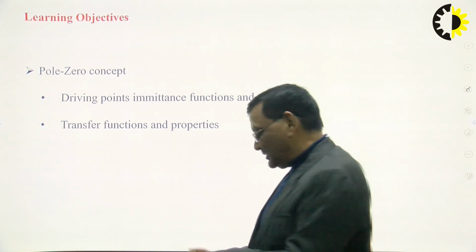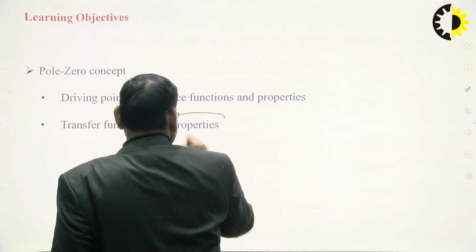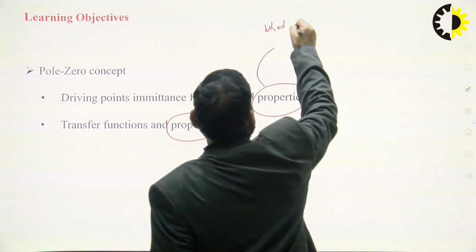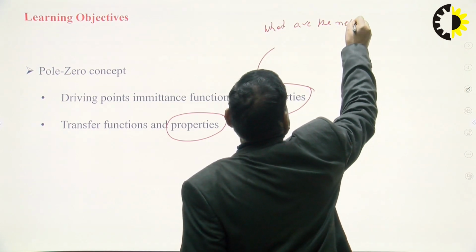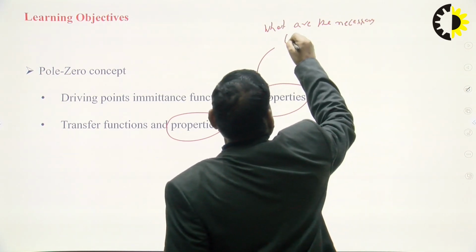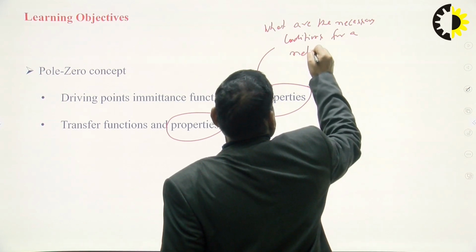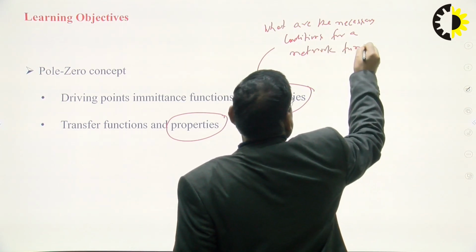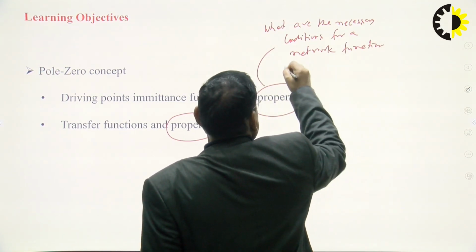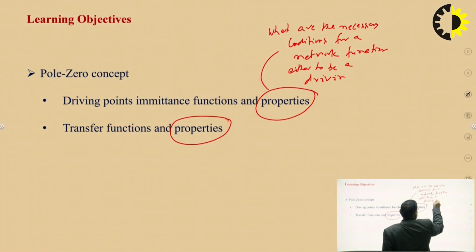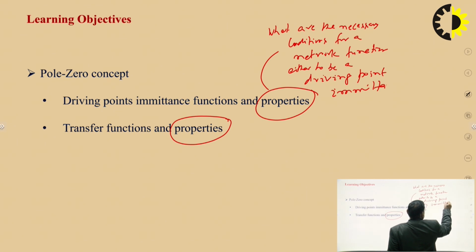Properties means what are the necessary conditions for a network function to be either a driving point immitance function or a transfer function.